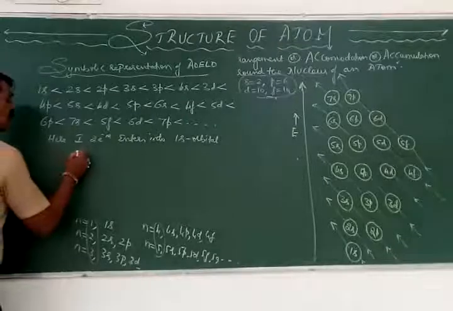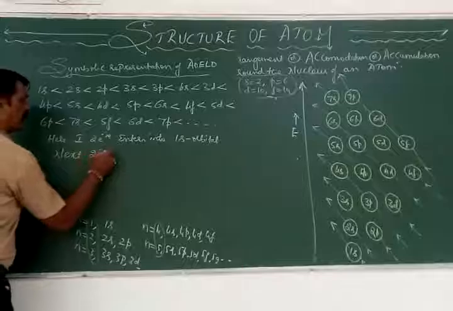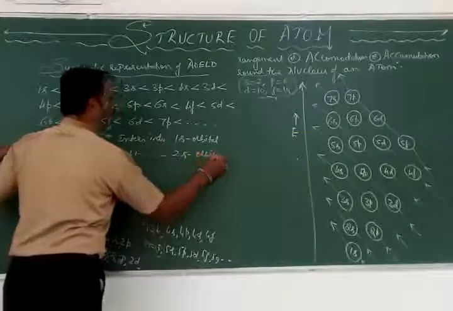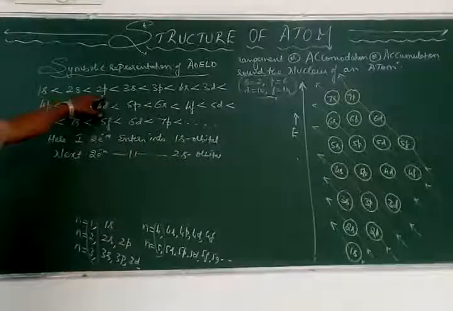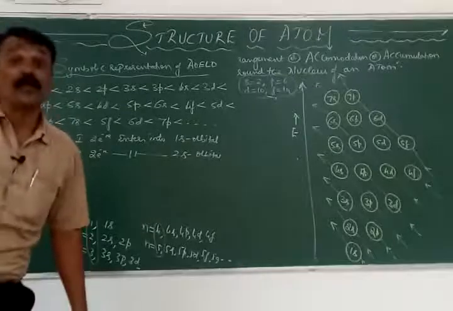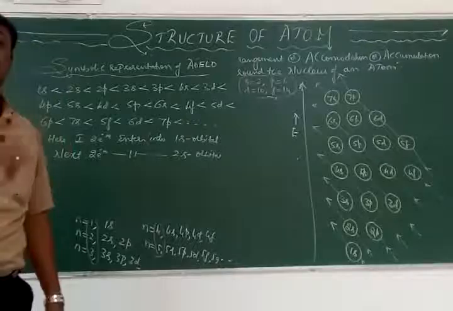Next, the next 2 electrons enter the 2s orbital. Then 2p can accommodate: how many orbitals does 2p have? 3 orbitals. What are those? 2px, 2py, and 2pz. Each can accommodate how many electrons? 2 electrons. 3 twos are 6.